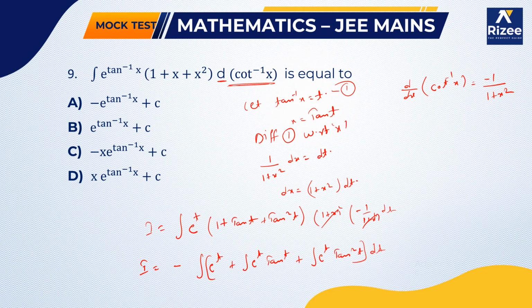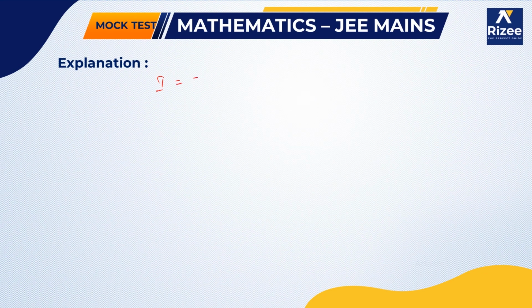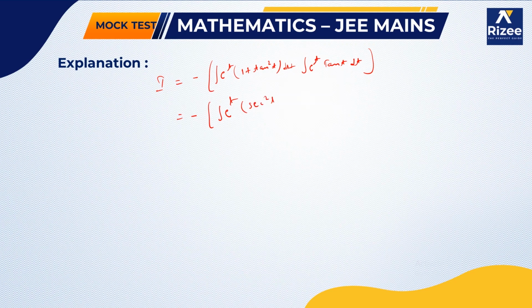Observe here, from these terms I am taking e power t as common. I is equal to minus of integral e power t (1 plus tan square t) plus integral of e power t dt. 1 plus tan square theta is equal to secant square theta by the trigonometric identity.